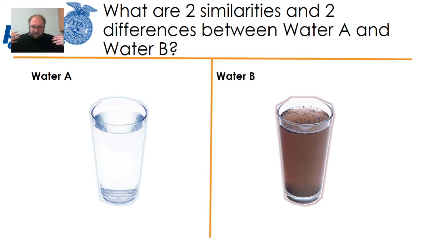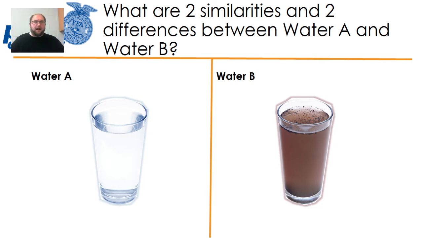So, guys, there was an overwhelming response of you saying that you would want to drink water A. If water B is undesirable simply because of how clear it is, then imagine coming home from school one day.